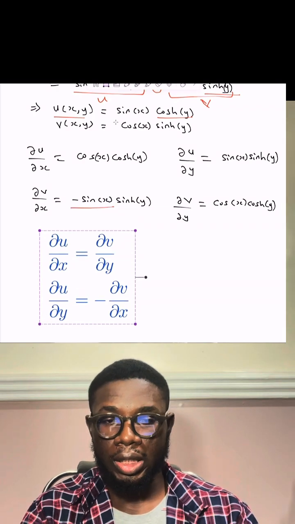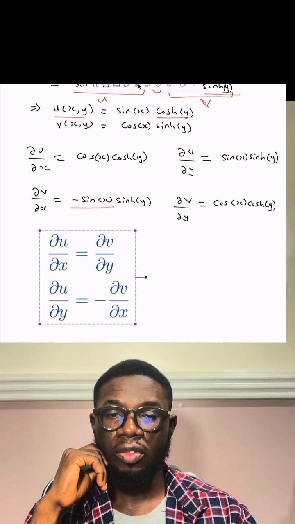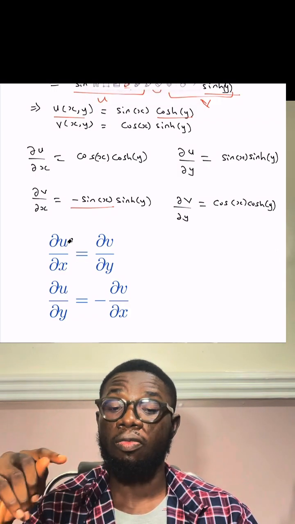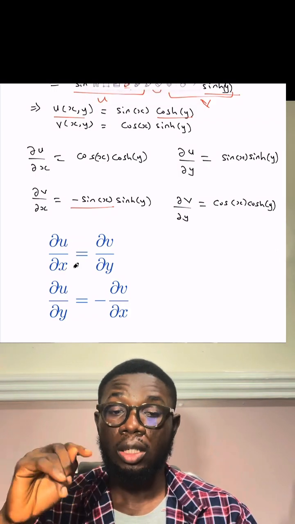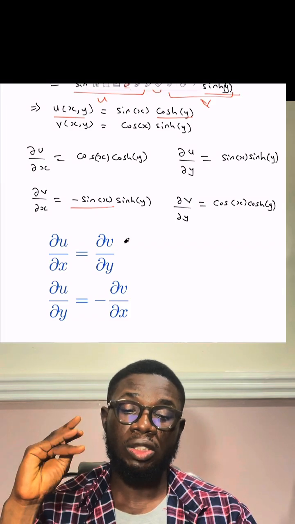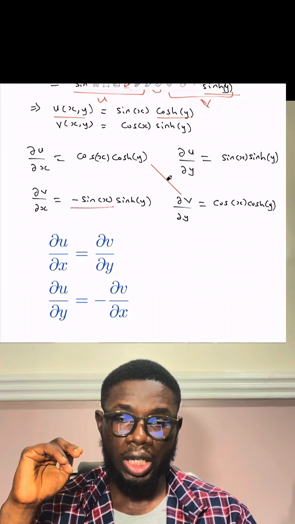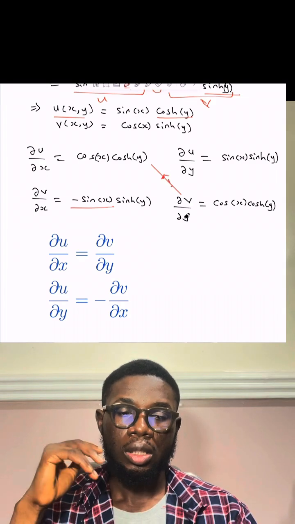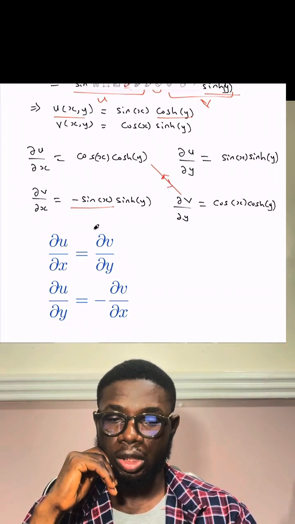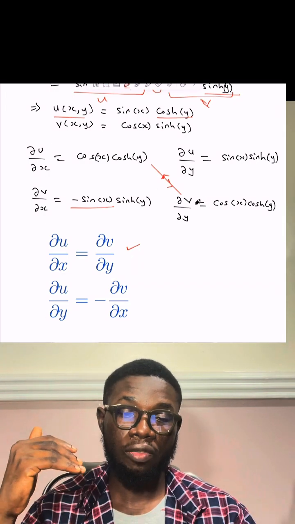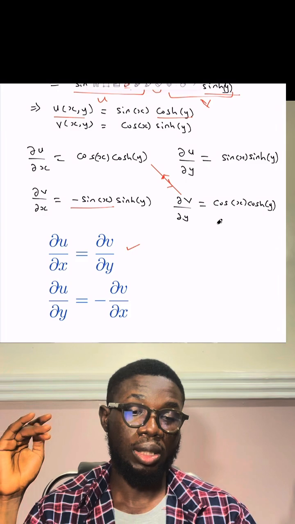This is saying that the partial derivative of u with respect to x must be the same as the partial derivative of v with respect to y. So when you do that matching, you see that these guys are actually the same thing. So the first equation has already been satisfied. Partial u, partial x and partial v, partial y are the same thing.